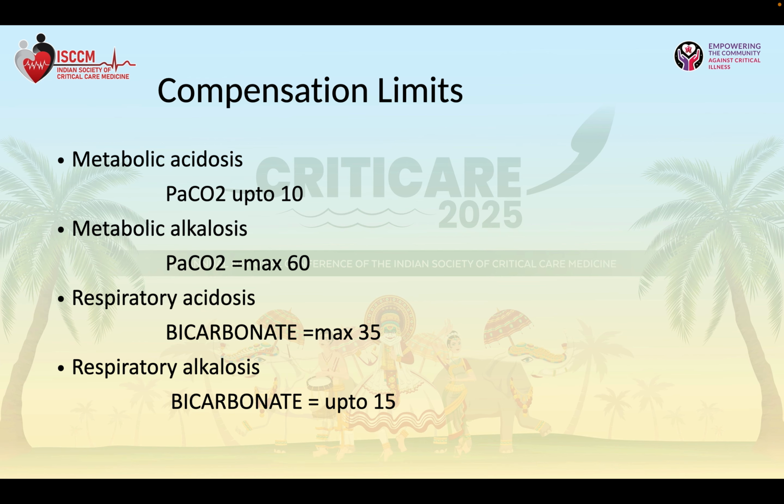Now there is something called the compensation limit. For metabolic acidosis, the PCO2 can go down to 10. For metabolic alkalosis, the PCO2 maximum can be 60. Similarly, for respiratory acidosis, the bicarbs can be a maximum of 35, and for respiratory alkalosis, the maximum bicarb drop could be down to 15.